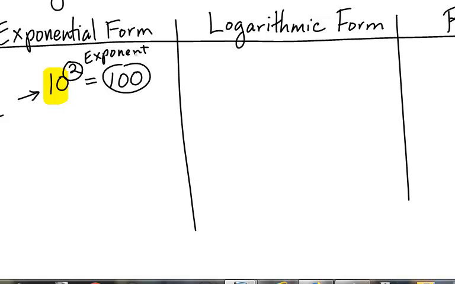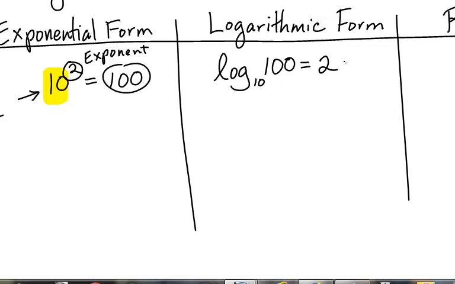Okay, so when you write it in logarithmic form, and they're going to abbreviate it with LOG, the log of 100 base 10 equals 2. The logarithm is just an exponent. Okay? So look how you read that.